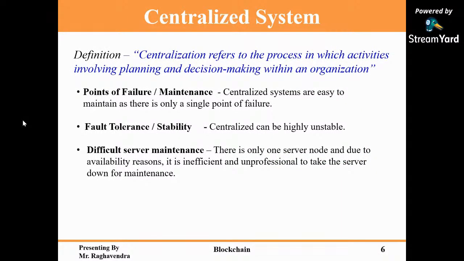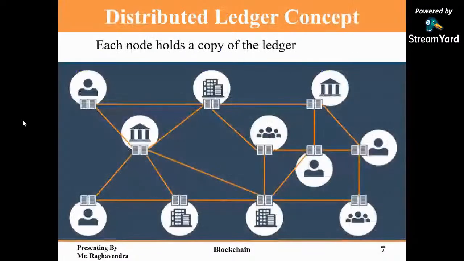One of the drawbacks of the current system is that it is centralized, where a single point of failure is more likely. So they always need to have a backup as a replication. The distributed ledger is the main core concept of the blockchain, where all the participating nodes, as you can observe here, a person awaiting, some banking system, a group of people, are all participating nodes in a particular blockchain network.